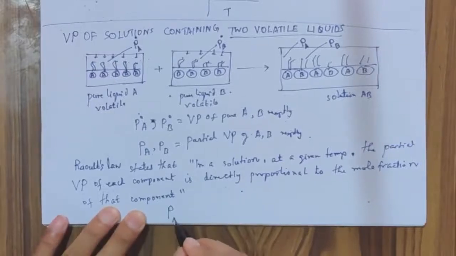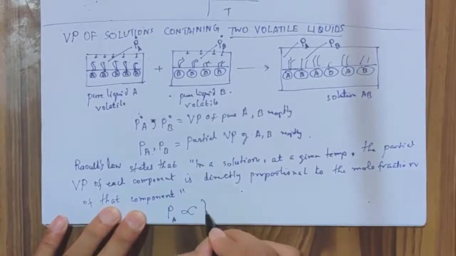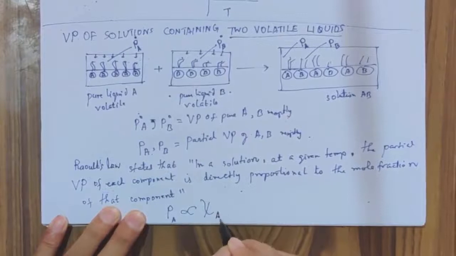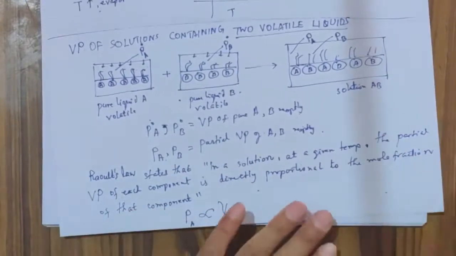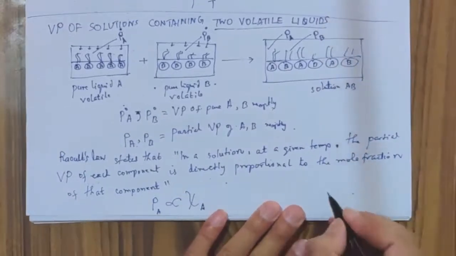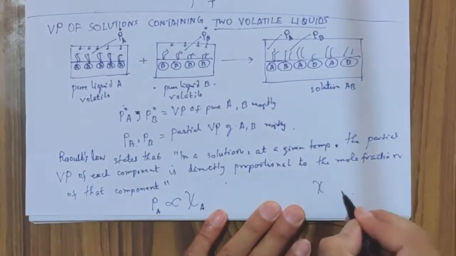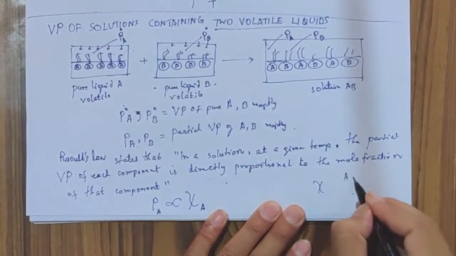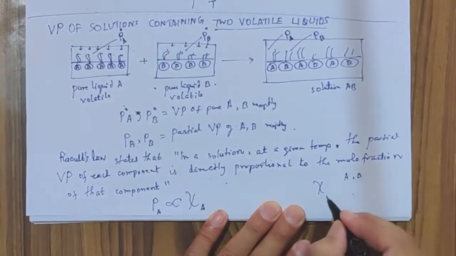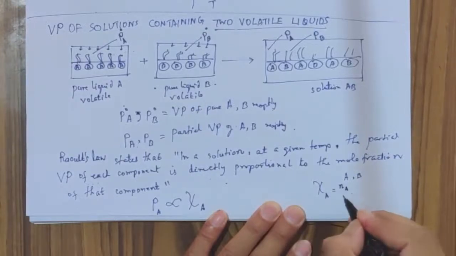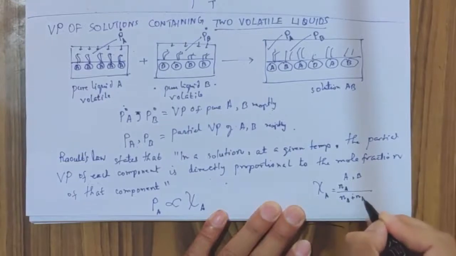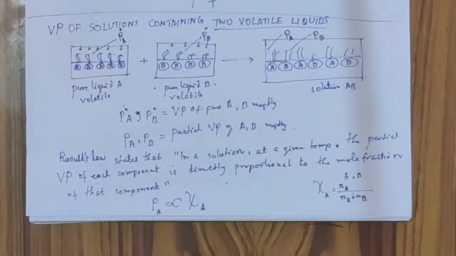What it means is the partial pressure of A is directly proportional to the mole fraction of A. Mole fraction, you can revise: suppose you have two components A and B in a solution. Mole fraction of A is the number of moles of A divided by the number of moles of A plus the number of moles of B, the total moles of solution.